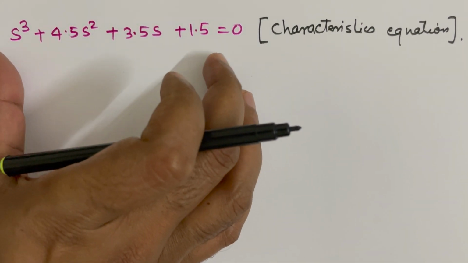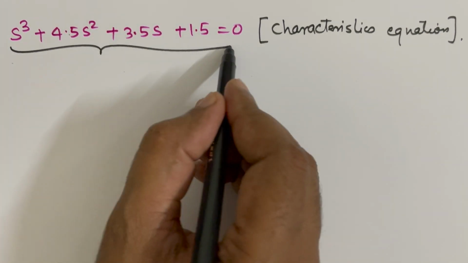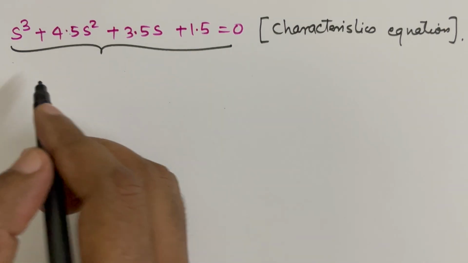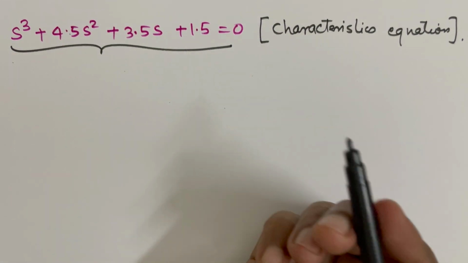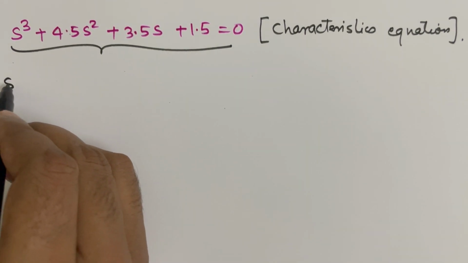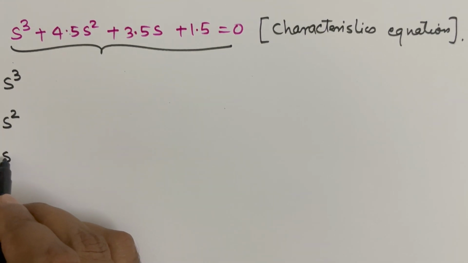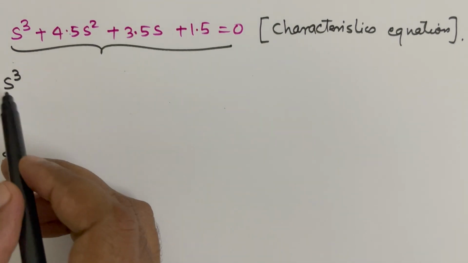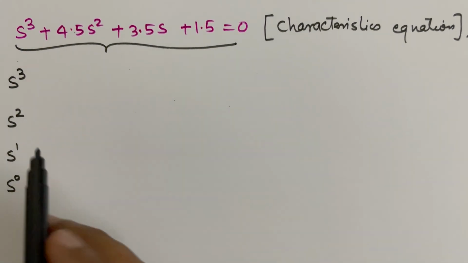So the method is you have s^3, s^2, s and the constant. So just write s^3, s^2, then s^1 and finally s^0. It should be written in decreasing order.